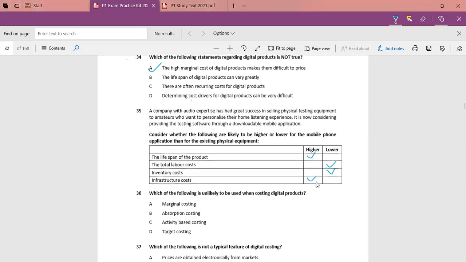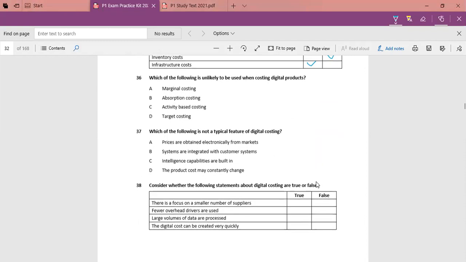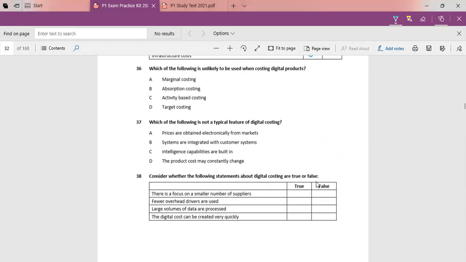36th question, which of the following is unlikely to be used when costing digital products? Marginal costing, absorption costing, activity based costing, and target costing. Option D, ma'am.